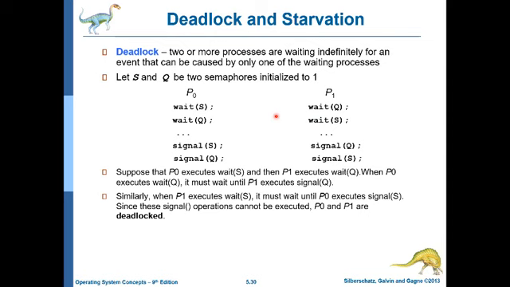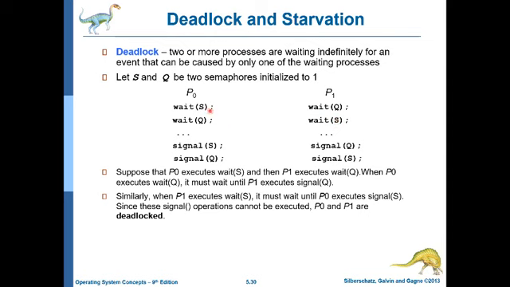What we can do, let's say, is change this S and Q. If I make Q before S, so wait for Q, then wait for S, what will happen? If anyone gets Q, then the other will be waiting for Q and they will not go ahead. So this one will first get Q, then it will get S, it will not have to wait, it will finish, it will release Q and S, and after that P1 can get them.